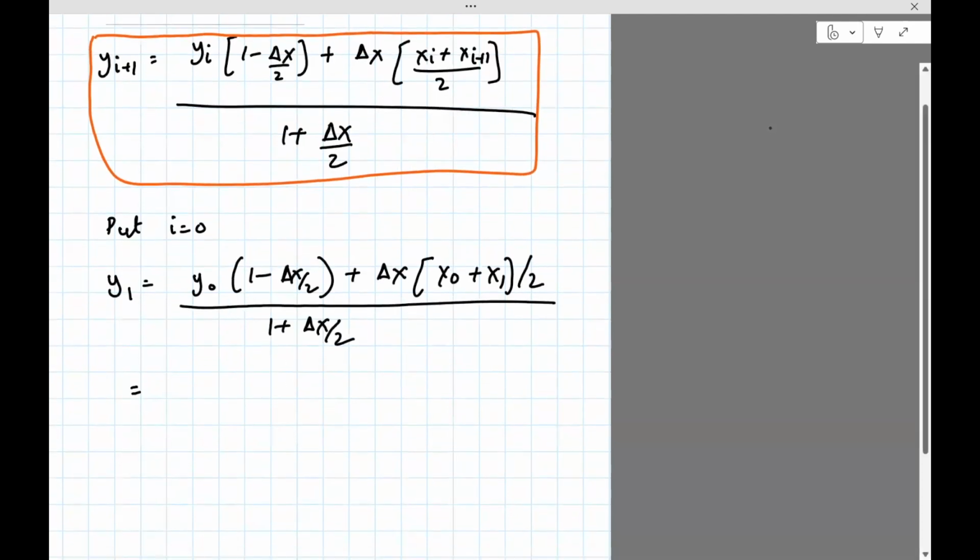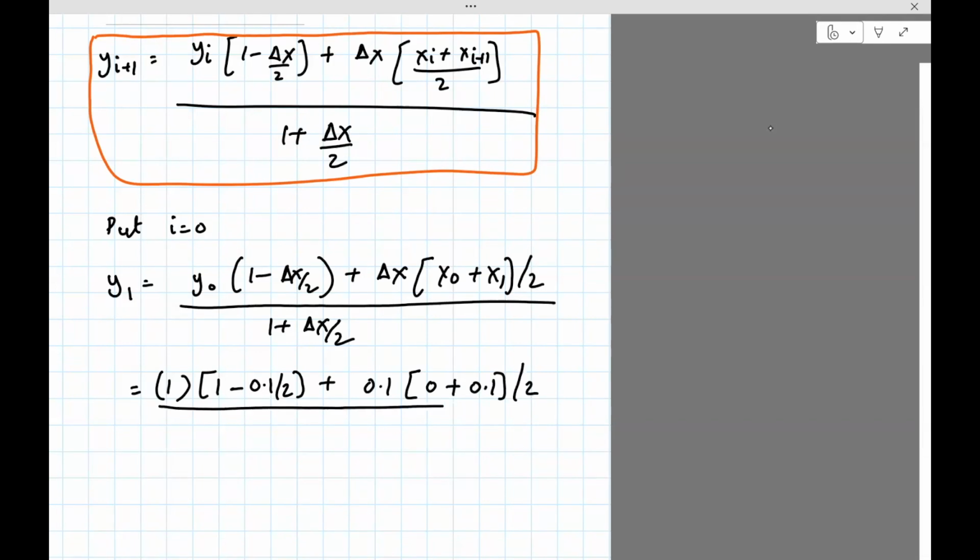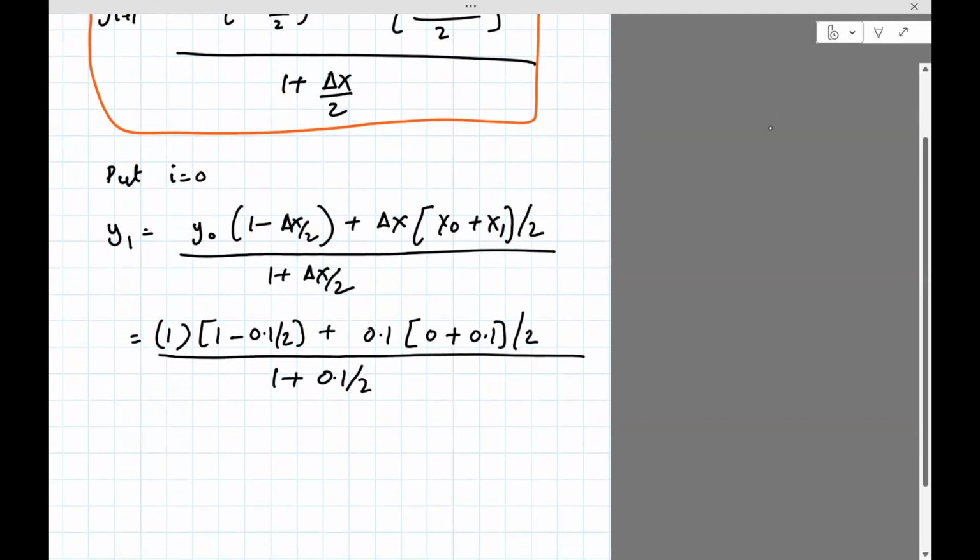We know that at x0, y0 is 1. The step size is 0.1. x0 is 0. x1 is 0.1, divided by 2, divided by 1 plus 0.1 divided by 2. So everything is known. On the right hand side, we get 0.9095.